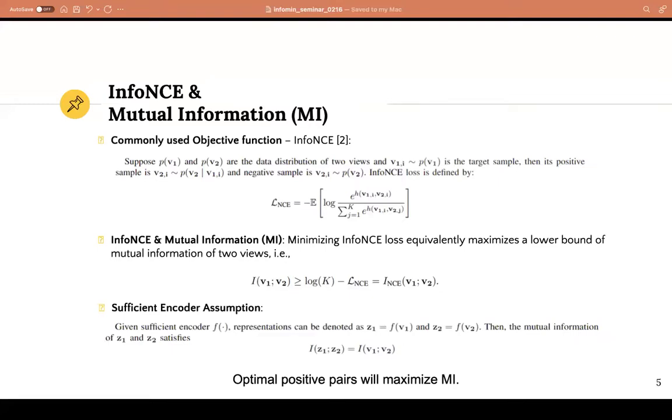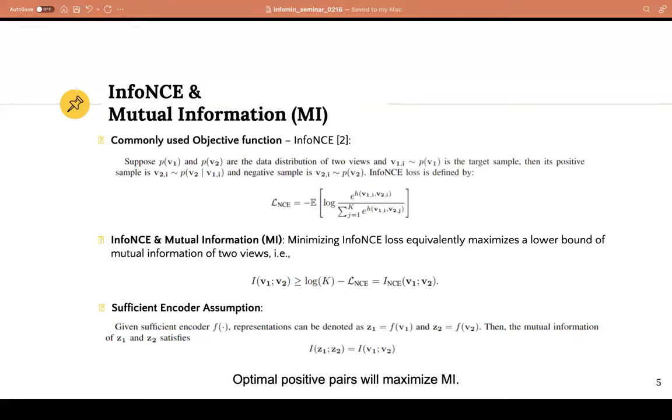In the following analysis, actually you don't need the sufficient encoder assumption, but for simplicity I will use this assumption: given sufficient encoder f, the representation can be denoted as Z1 equals f(V1), and it's the same for Z2.